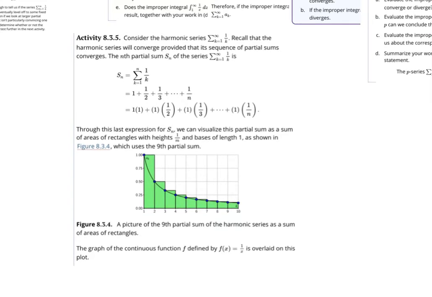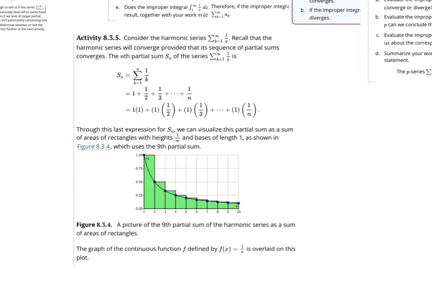We're going to consider the harmonic series, summation from k equals 1 to infinity of 1 over k. And we're going to remember that this series will converge if the sequence of partial sums converges. This is the compact form of what the nth partial sum will look like. This is the expanded form.